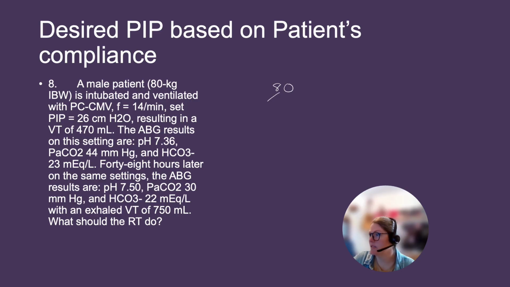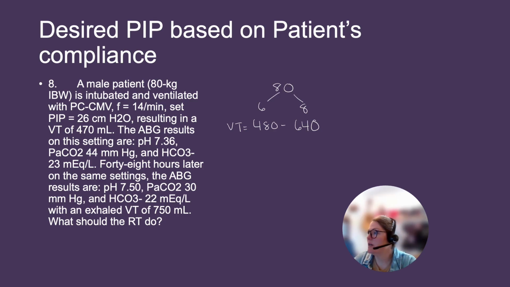We just know that they're intubated, so we're going to use the 6 to 8 range. 80 times 6, 480. And then 80 times 8, 640. So here's our tidal volume range.